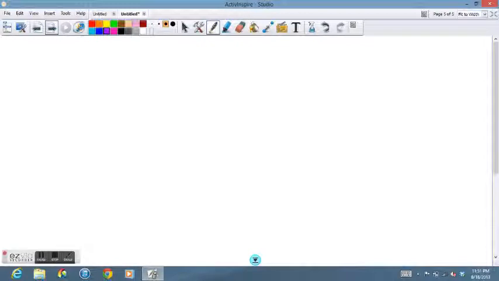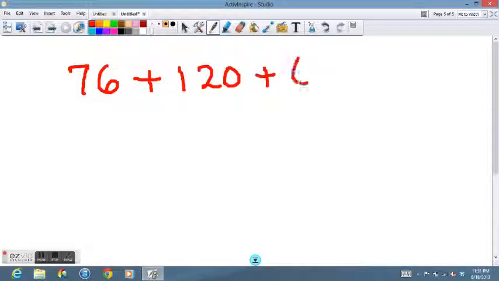Now, we're also going to talk about some strategies for addition. So first of all, let's look at this problem. Let's say we have 76 plus 120 plus 65. Now there are different ways you can go about this problem, but I want to show you a couple of things that you can do to make this problem a little bit easier.